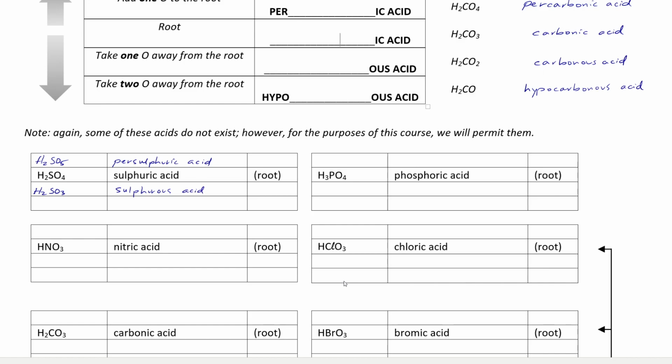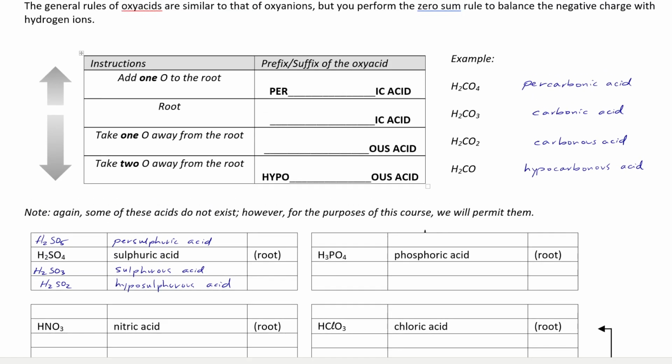And if you take two oxygens away from the root, that would be hyposulfurous acid. So you can go and complete these tables based on the rules that you see listed above here.